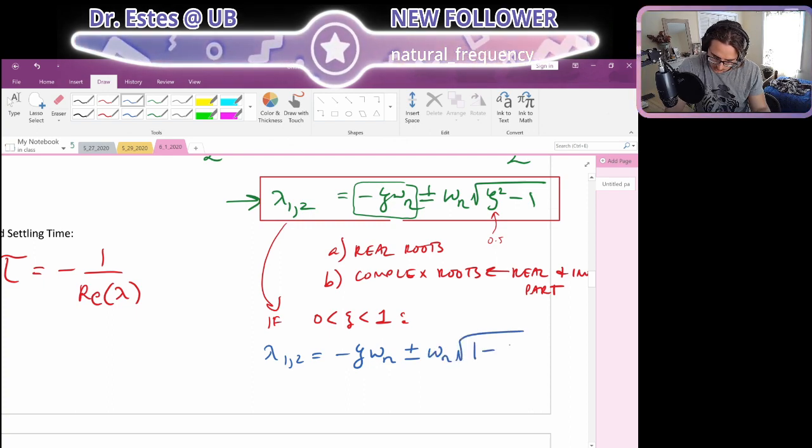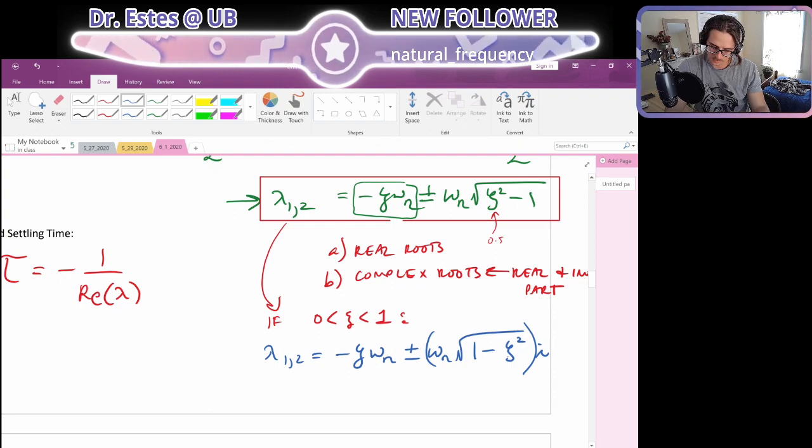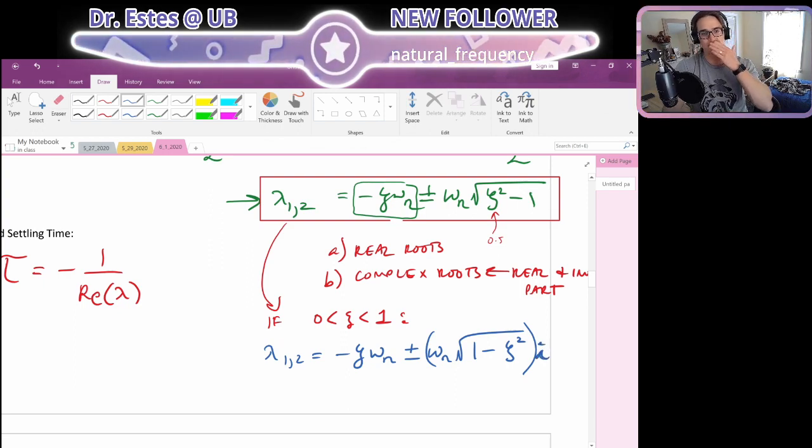Watch what I'm doing here. What I did is I switched the zeta squared minus 1 to be 1 minus zeta squared. So now, under the square root, this will be a positive number, but I'm bringing this i to the outside to remind us that that should be an imaginary quantity.